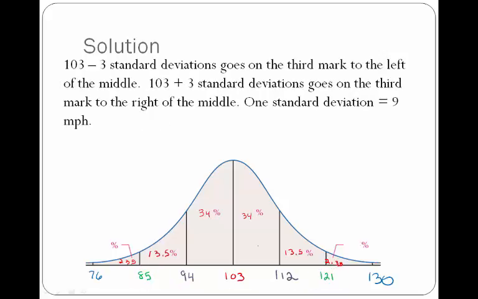If we go 3 standard deviations, then we'll have 103 plus 3 times 9 is 27, so that gives us 130 is 3 standard deviations above the mean, or 103 minus 3 times 9 is 27 gives us 76 for 3 standard deviations below the mean.